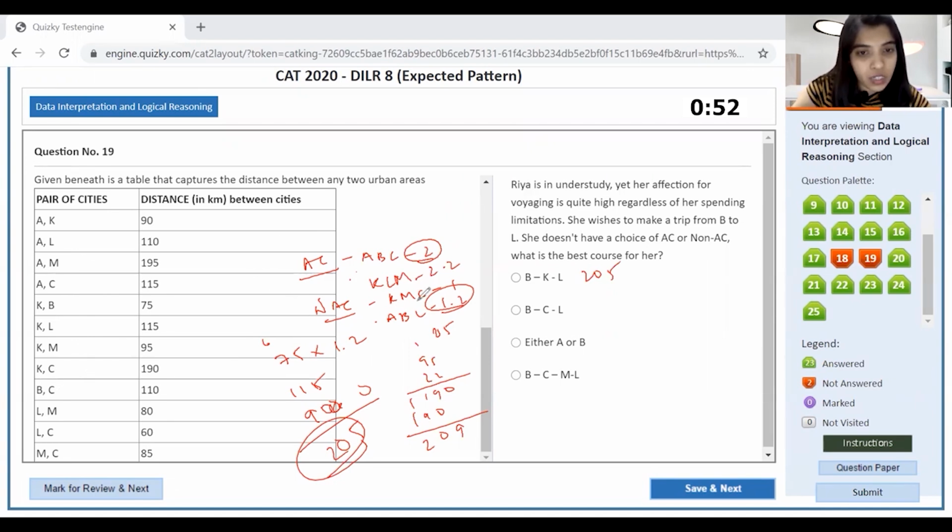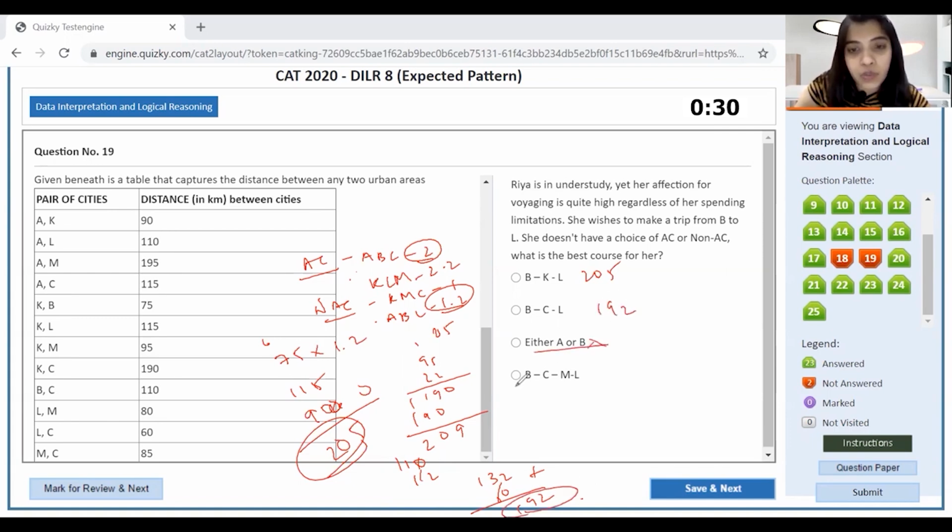BC 110 into 1.2, right? 132 plus CL. CL would be what? 60. CL 60. 2, 6, 192, right? Which is definitely lesser than this.